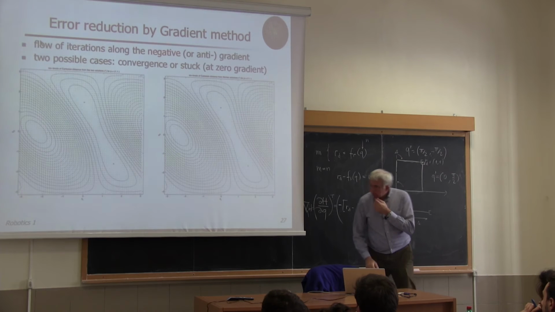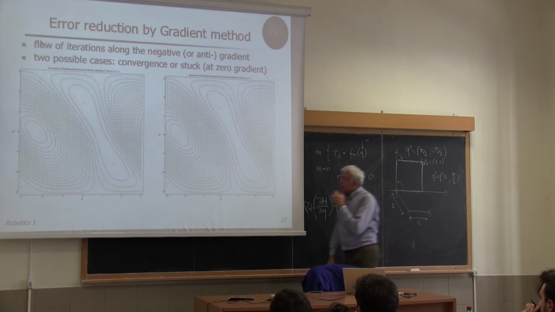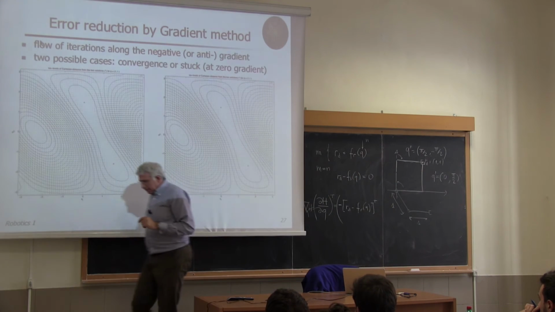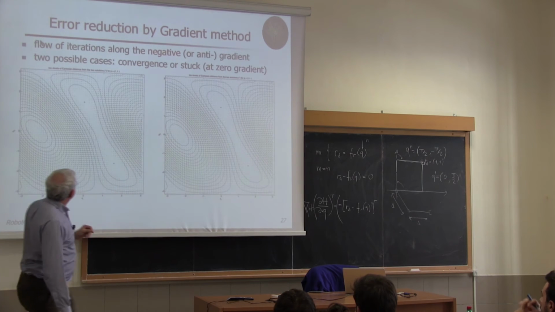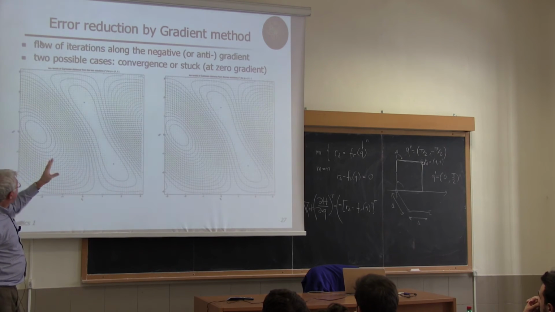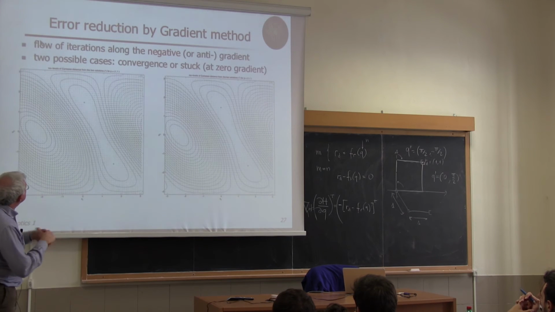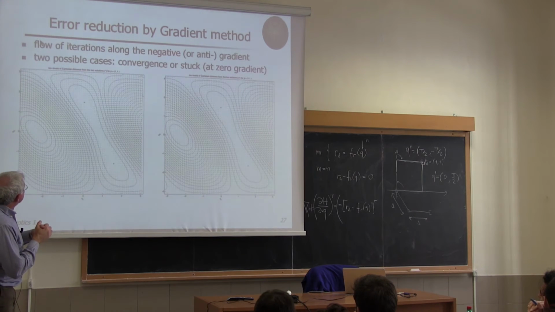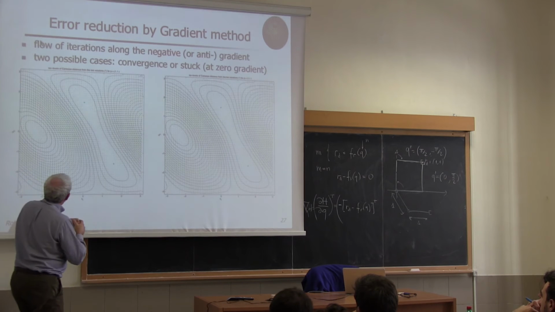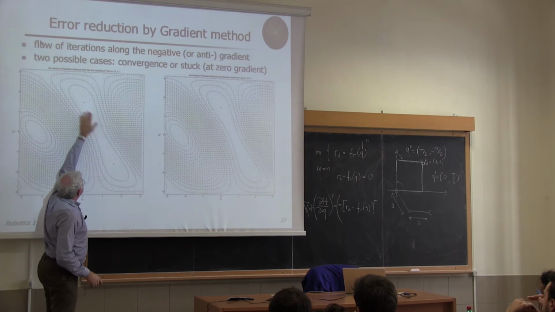Suppose that this is, again, the same situation, but the two graphs help me to tell you all the possible cases that can happen. So first of all, we know that these are the two solutions.